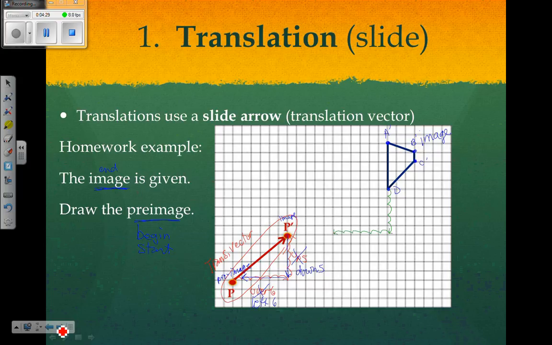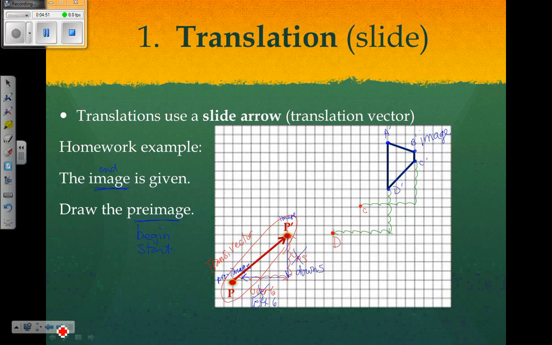That's going to give me D, excuse me. We already have D prime. This is D. All right. Same thing with C. Go down 5, 1, 2, 3, 4, 5, and left 6. 3, 4, 5, 6. That gives me C.